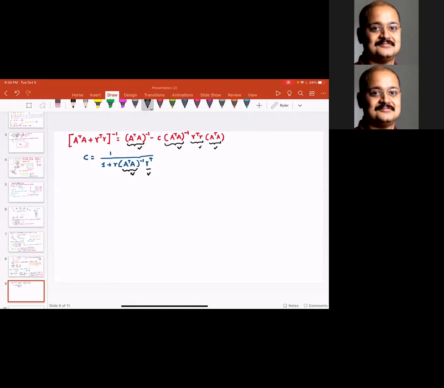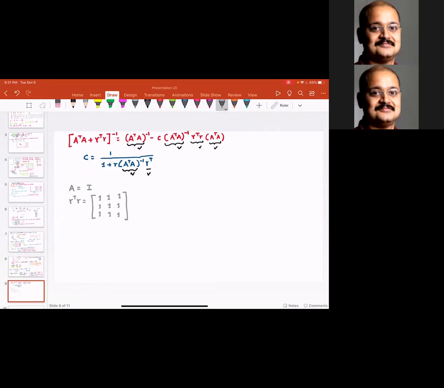Now, can I take an example and then explain how this would work? So let me take a very simple example. Say my A matrix is identity, and my R transpose R is a matrix with all ones, so 1, 1, 1.